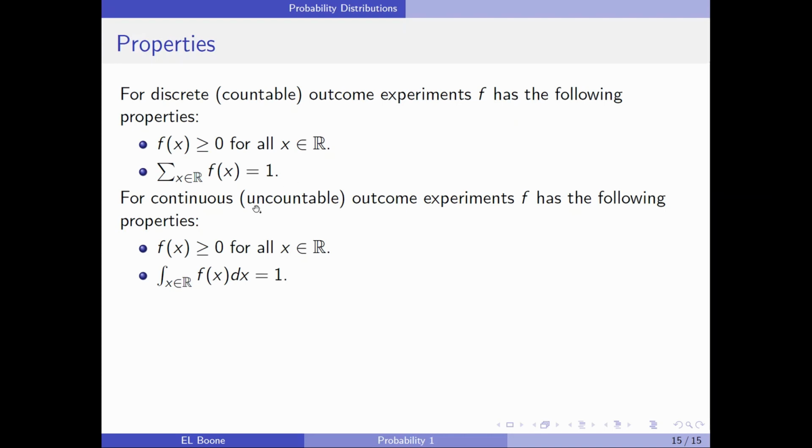For continuous, uncountable outcome experiments, we have similar properties, but here we have a density at that point, which has to be greater than or equal to 0 for all x in the real line, and the integral over it will equal 1. There's a subtle difference once we go to continuous, but it's really not that difficult, so don't panic over it.